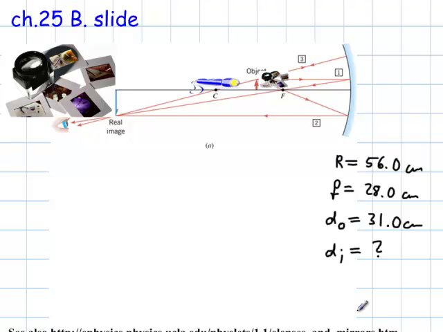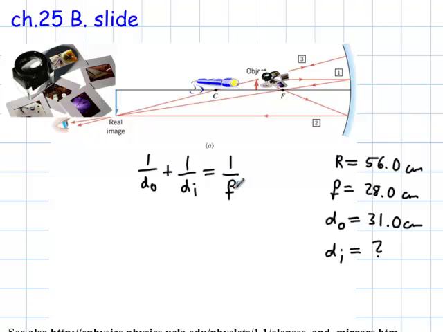Well, all we need for that is the mirror equation, which says 1 over d_o plus 1 over d_i equals 1 over f. This one is called the mirror equation, and in the next chapter we'll find out that the thin lens equation looks exactly the same.